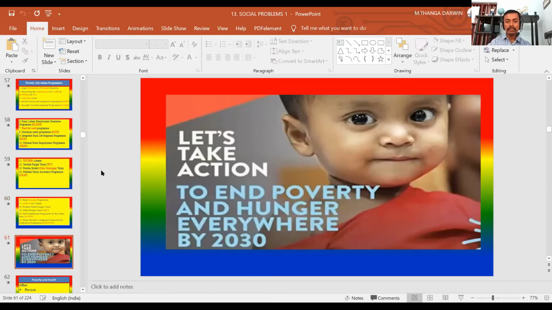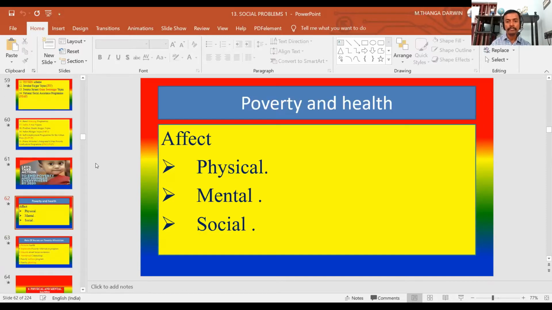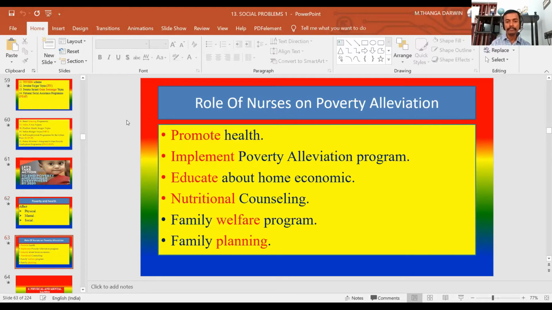Let's take action to end poverty and hunger everywhere by 2030, which we have learned is the first of the 17 Sustainable Development Goals. Then poverty and health. Poverty categorically affects the health status of people: physical health, mental health, and social well-being.